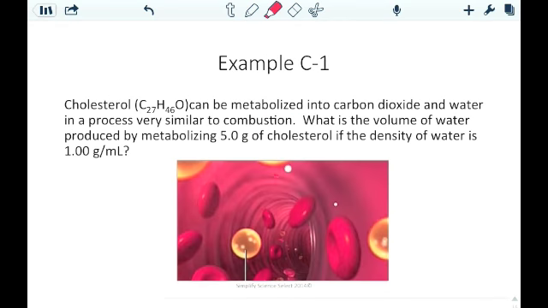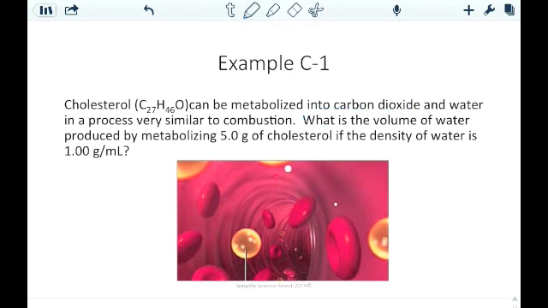So let's look at an example problem and try to tackle this. It says cholesterol, which is C27H46O, can be metabolized into carbon dioxide and water in a process very similar to combustion. What is the volume of water produced by metabolizing 5 grams of cholesterol if the density of water is 1 gram per milliliter? So, what is the volume?